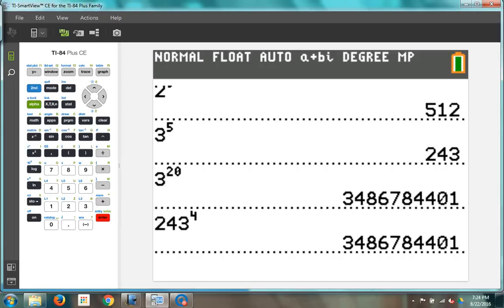It's a large number. Not quite the national debt, but it's big. So I could see them leaving it as 3 to the 20th, and not 243 to the 4th, because 3 is a prime number, and 243 is not. That's the difference in how you'd want to do that.